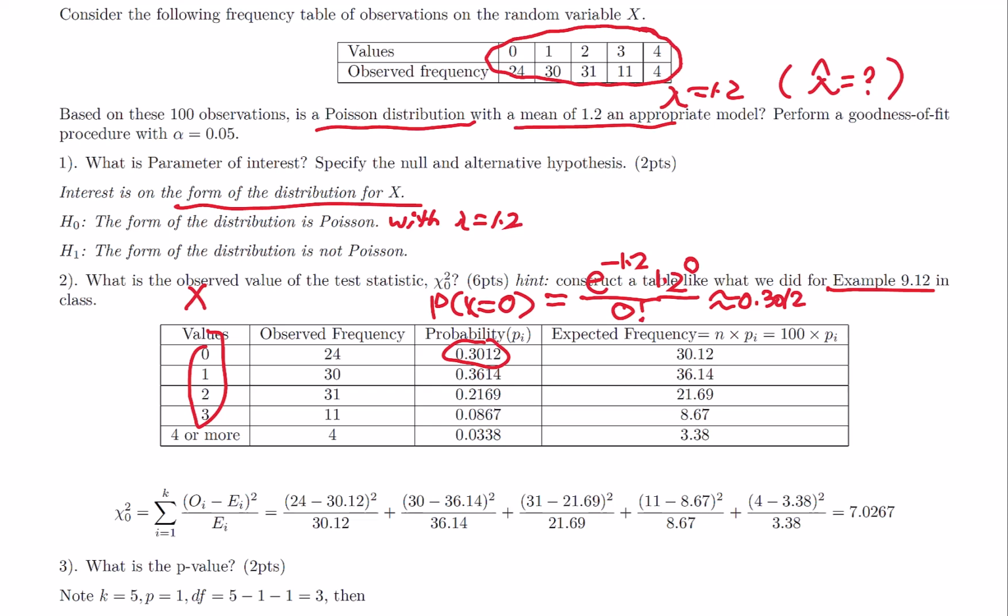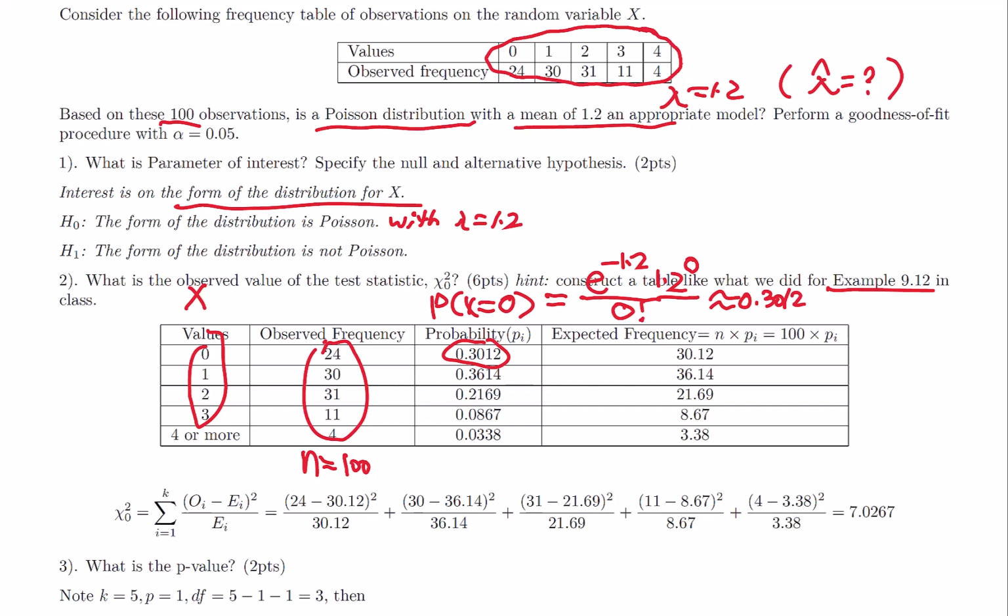Okay, after we get the p_i, then the expected frequency is going to be n times p_i. What is n? You just add all the frequencies together, right? In this case, we have 100 observations. So here is 100, and then use 100 times each of those individual probabilities.